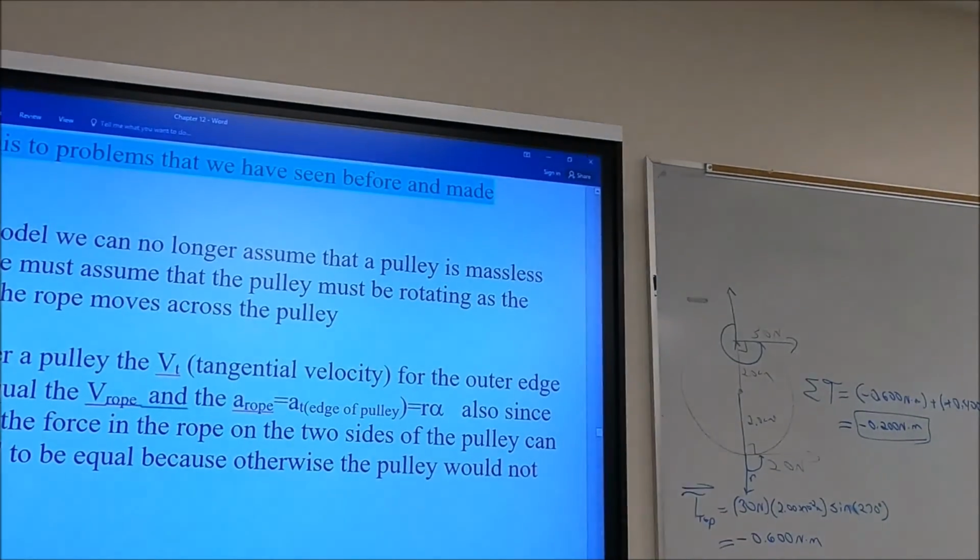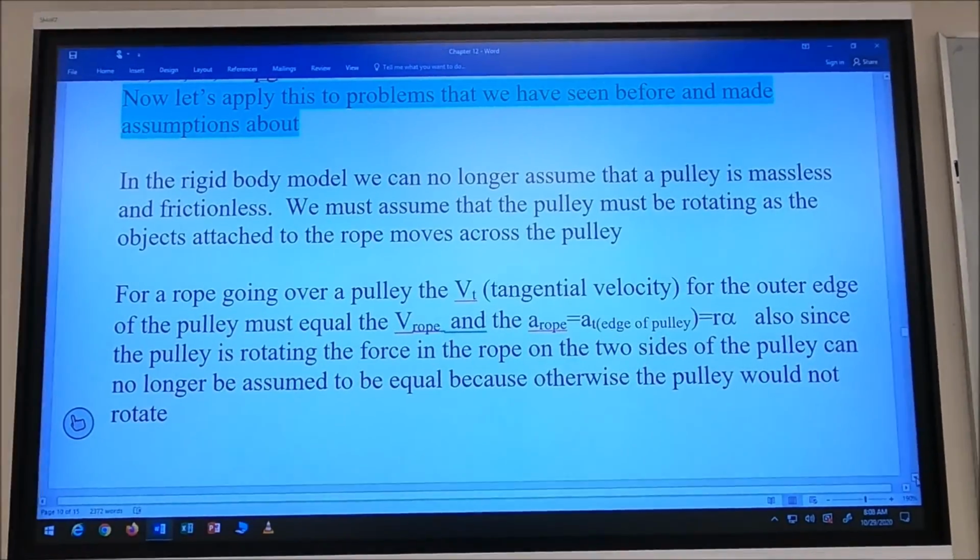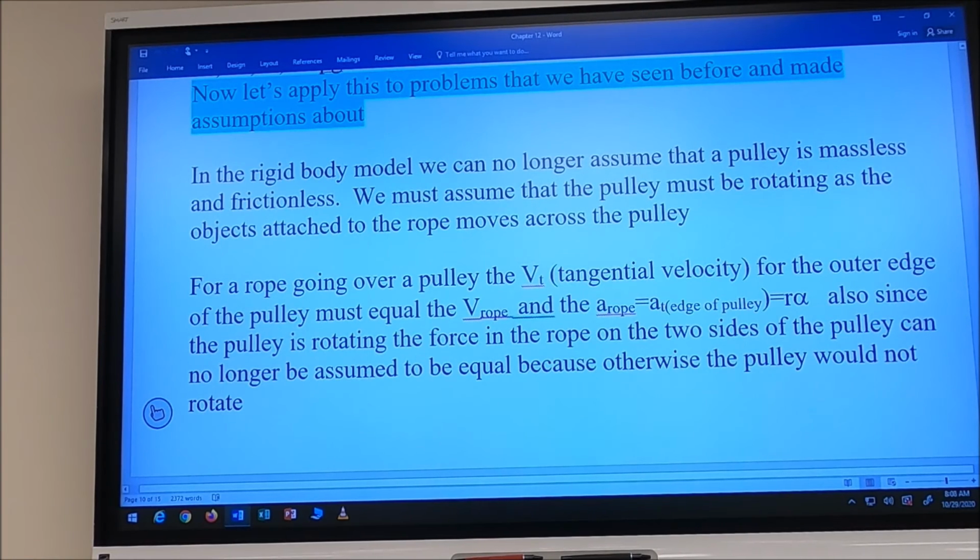Now that we're dealing with rigid bodies, some old assumptions that we were making we're no longer going to make. Namely, we are no longer going to assume that a pulley is massless and frictionless. We now have to deal with the fact that the pulley is a rigid body that is undergoing rotation as the rope that's going over the pulley moves. Okay? The tangential velocity of the pulley is going to be the same as the velocity of the rope.